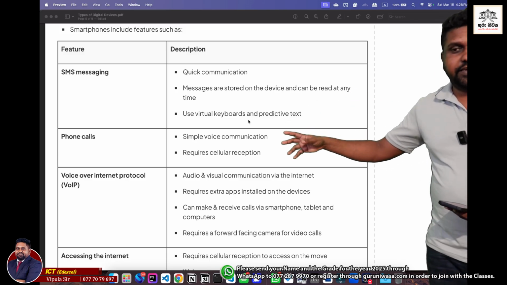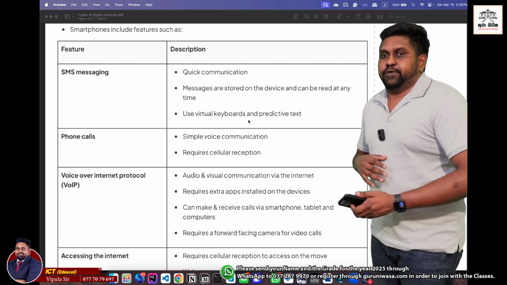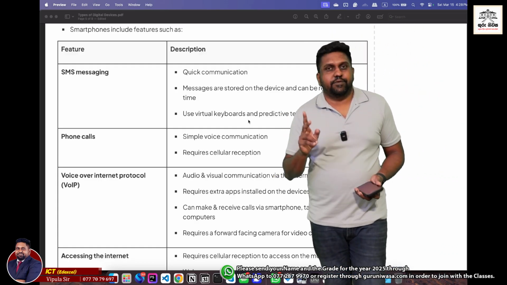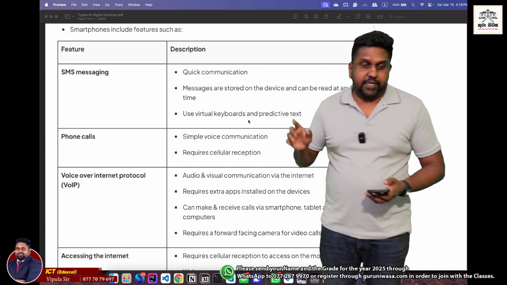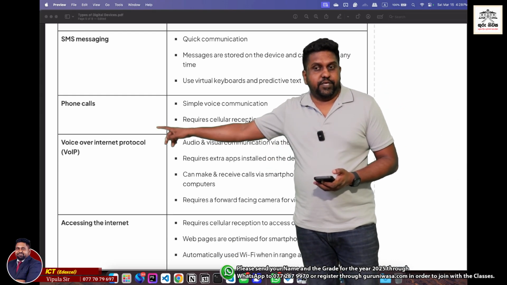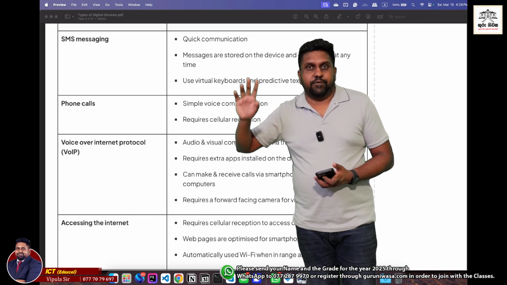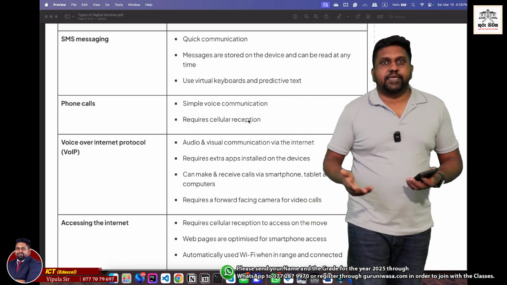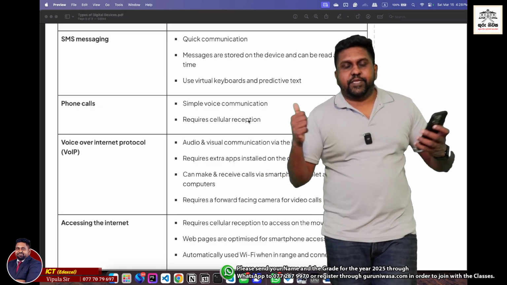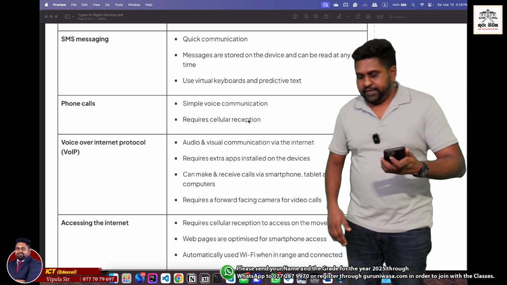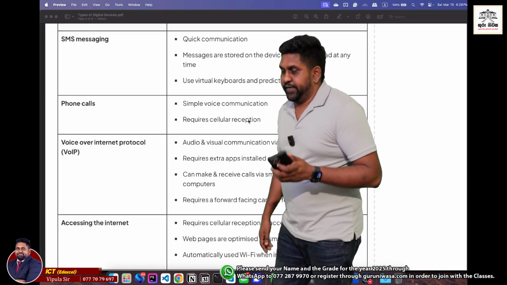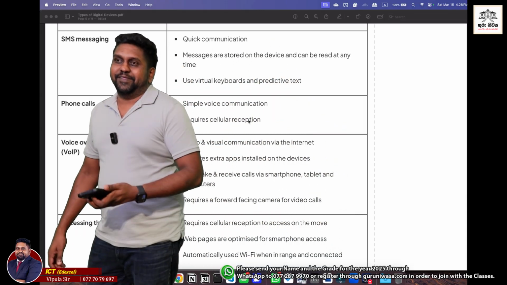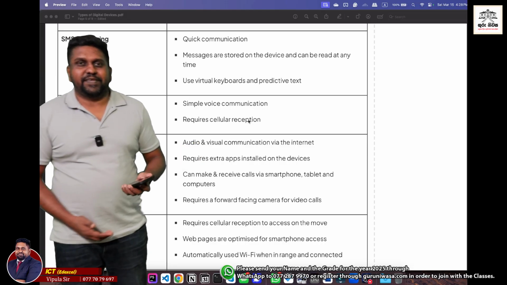And then we have phone calls. So phone calls, be careful, there are two different types of calls. We do have the phone calls as well as the voice over IP calls. So remember, if you take something like WhatsApp, and when you take a call through WhatsApp, or if you're an Apple user, you can take a call through FaceTime, or you take calls on Instagram, Facebook Messenger.